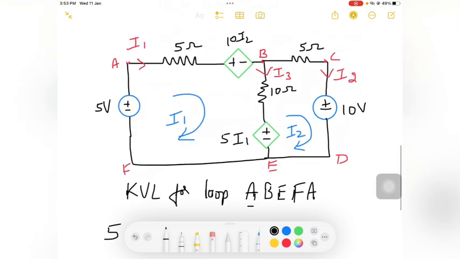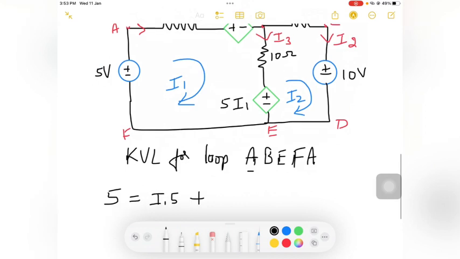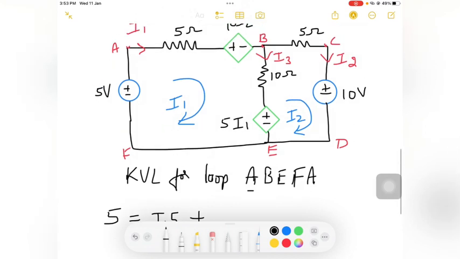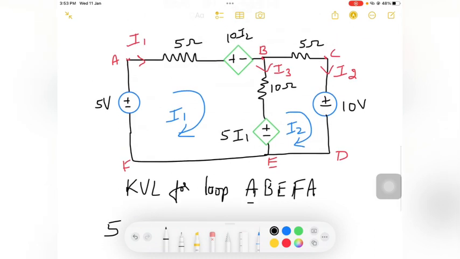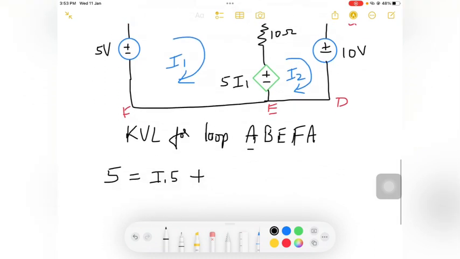I will consider the dependent source as it is. Whenever I am writing KVL with respect to a dependent source, I will not consider any loop current for that, because it is already dependent on some current. Hence I will not multiply with the loop current. I will take the value which is given as 10 into I2.